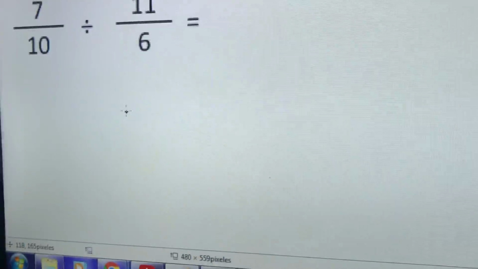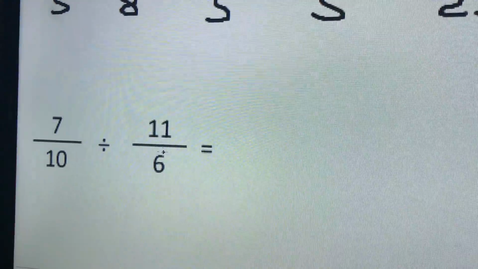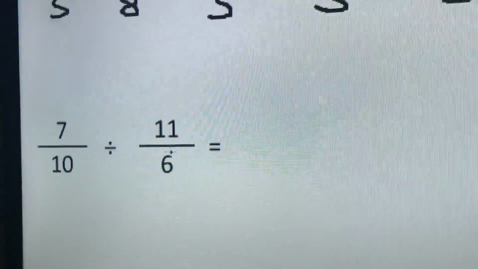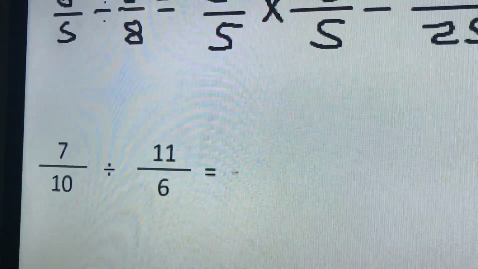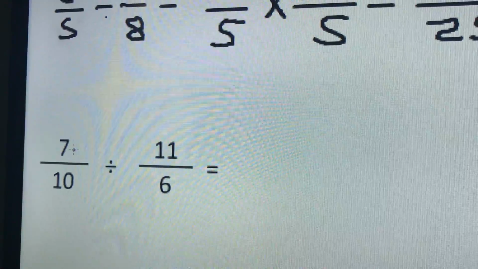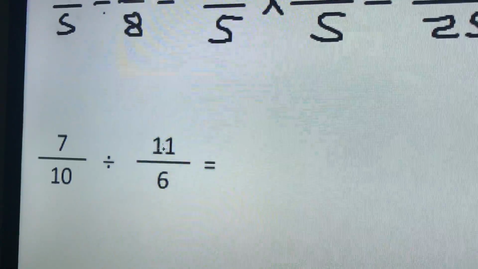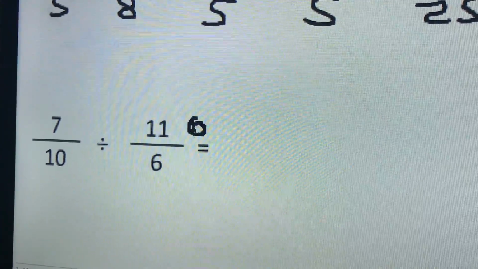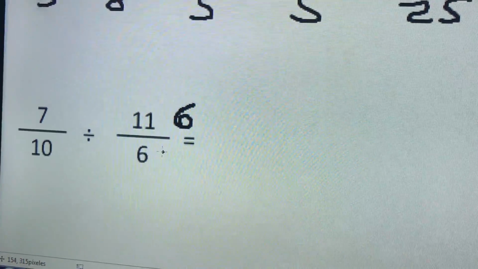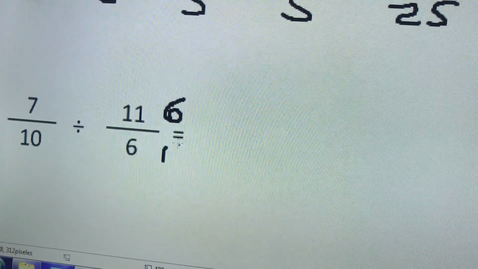Now, let me explain another one here. Let's do the same thing, but I'm just gonna flip it, okay? I'm gonna flip this one, in which I'm gonna say 7 times, instead of 11, I'm gonna flip it to 6. Imagine this as 6. And here I'm gonna put the 11.